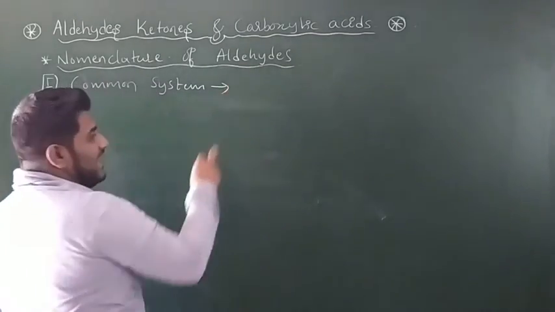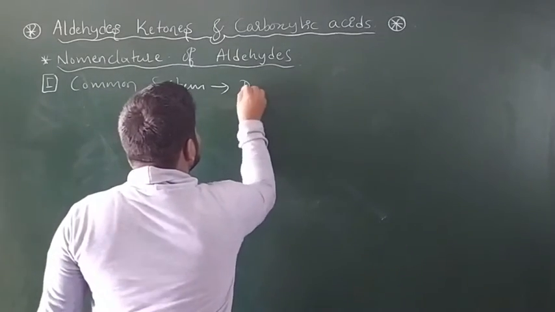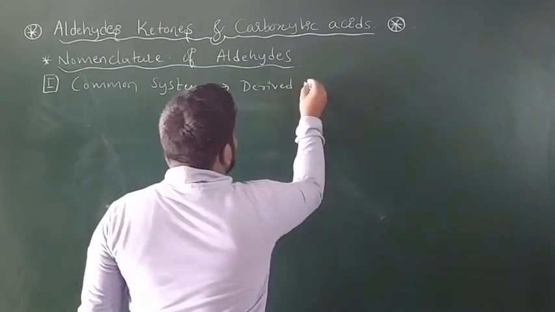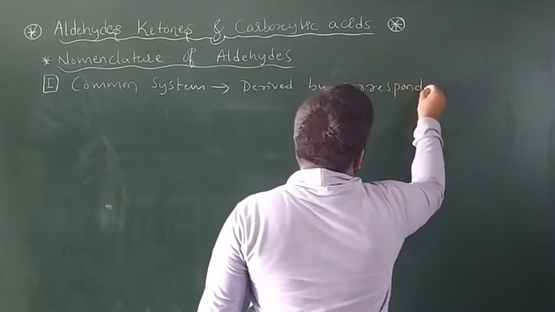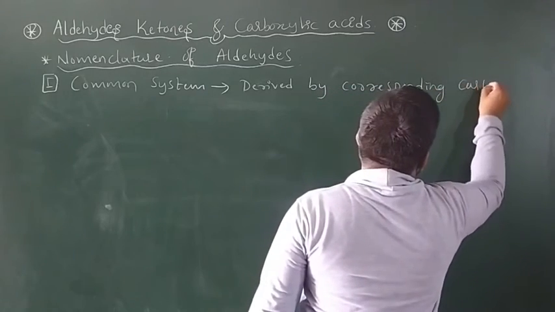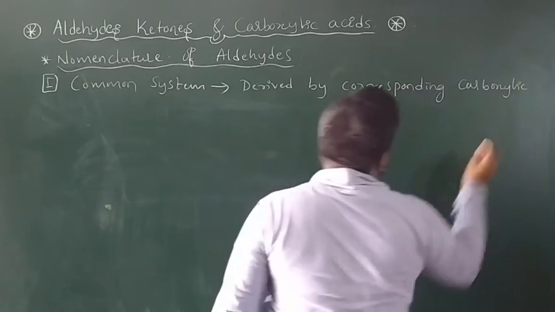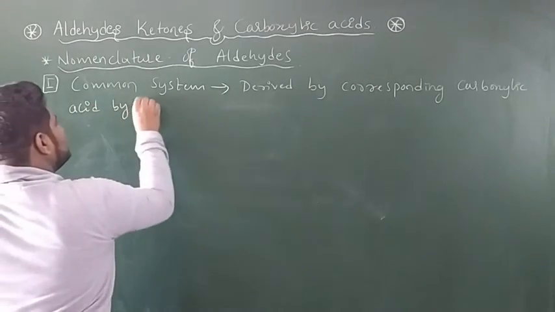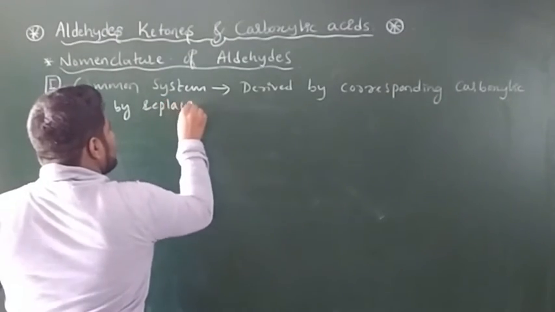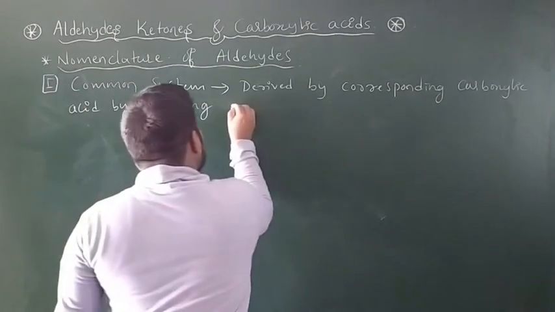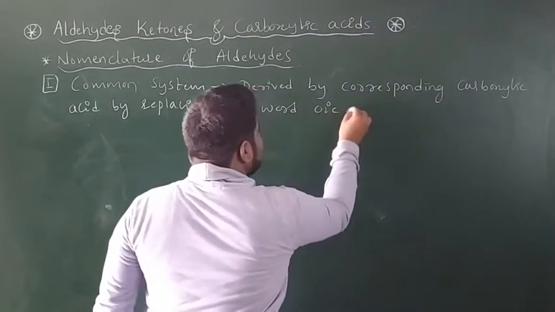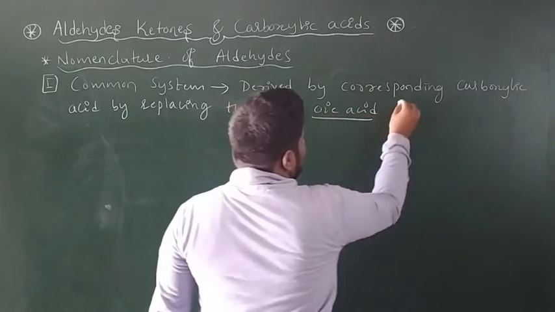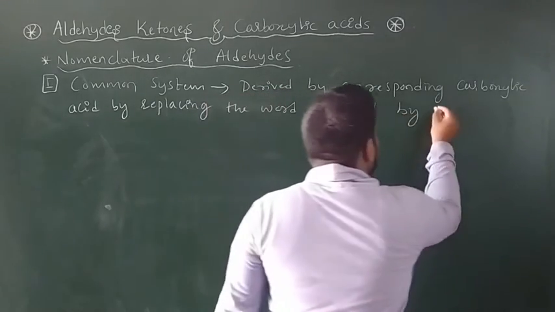The common name of an aldehyde can be derived from the corresponding carboxylic acid by replacing the word oic acid by aldehyde.